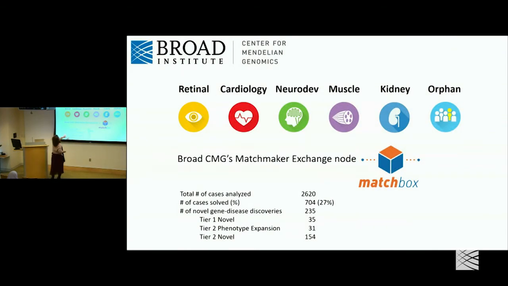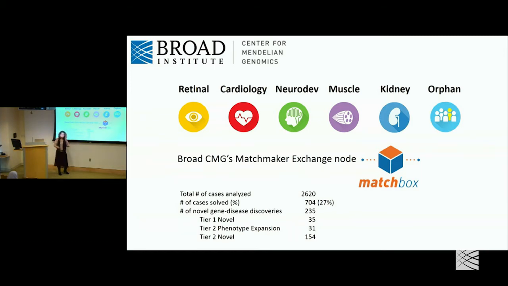And this is just data from our Broad Center for Mendelian Genomics. We focus on a number of different diseases as well as orphan conditions. Matchbox is our system, and as of the progress report, I think yesterday it was, we've looked at 2,620 cases, solved a quarter of them, and have novel gene disease discoveries at about 235, broken down by really good candidates, which are Tier 1.